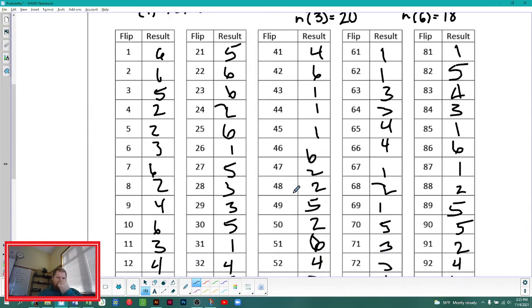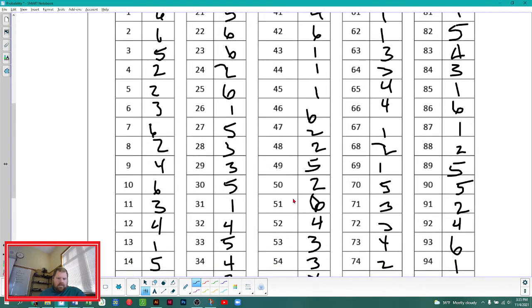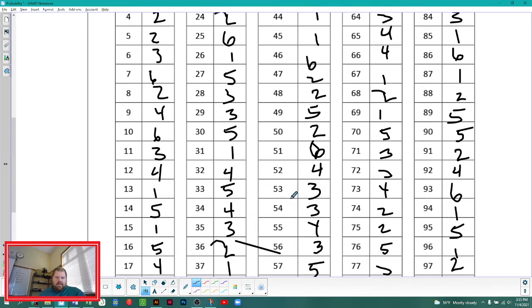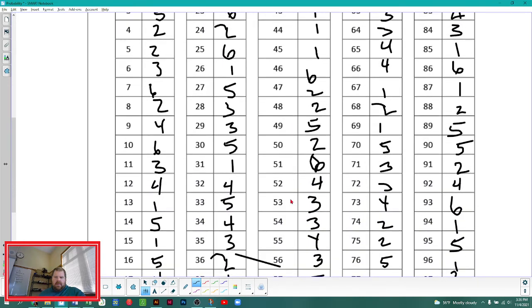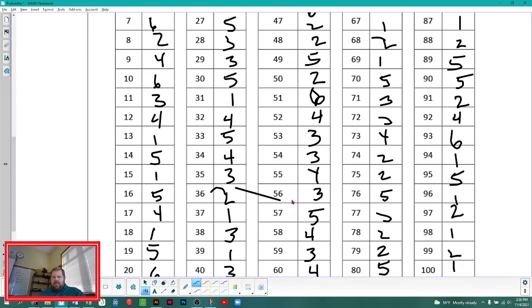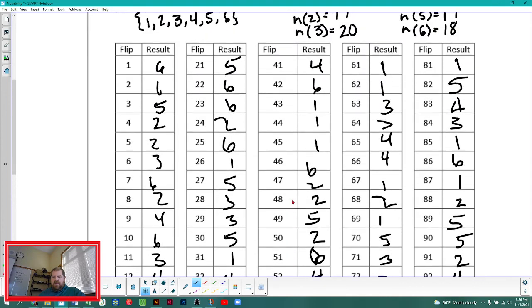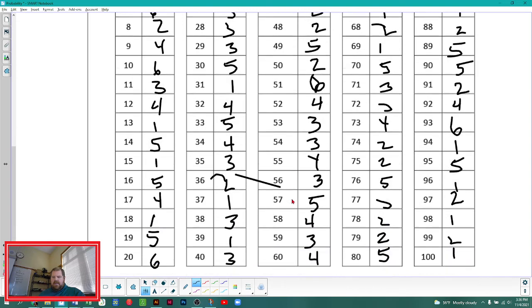Fives, we had 1, 2, 3, 4, 5, 6, 7, 8, 9, 10, 11, 12, 13, 14, 15, 16, 17.